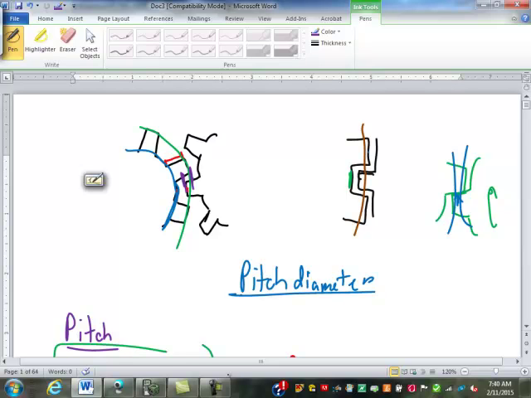The addendum is from the pitch circle out to the tooth. The dedendum is from the inner diameter out to that pitch circle. So basically, they're just the difference between the inner diameter and the pitch diameter, and then the pitch diameter to the outer diameter on each of those gears.